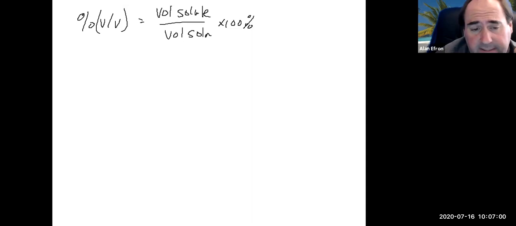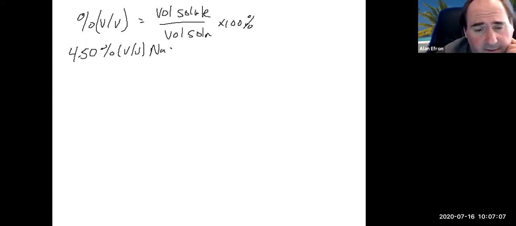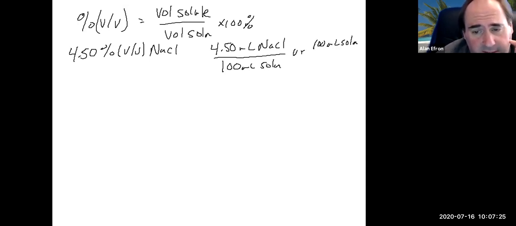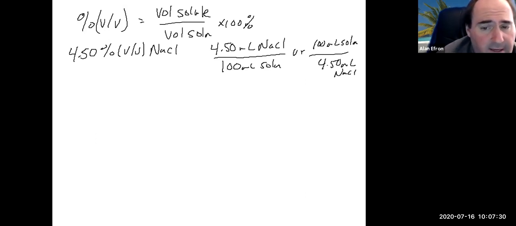And for example, same sort of deal, if I had that 4.5% volume to volume sodium chloride solution, you could turn that into two usable conversion factors. You would have 4.5 milliliters of sodium chloride and 100 milliliters of solution. Or in 100 milliliters of solution, you have 4.5 milliliters of sodium chloride. So again, you could convert that into a usable conversion factor.